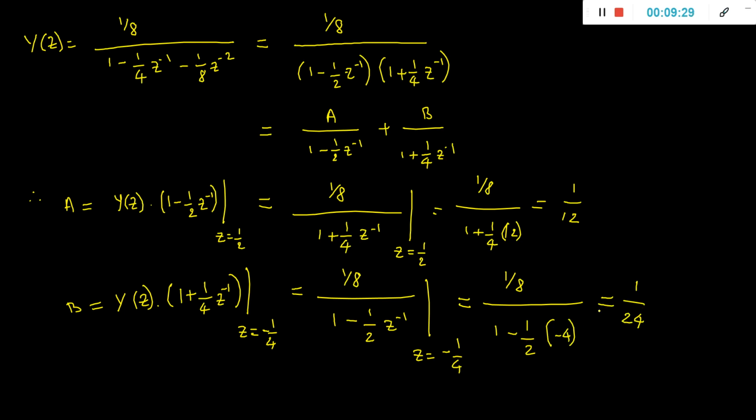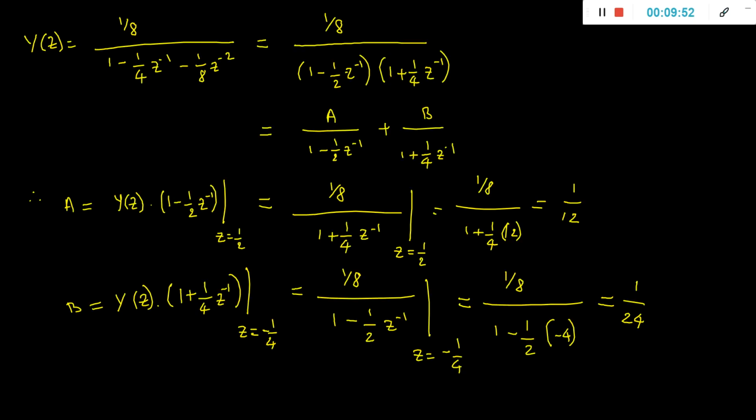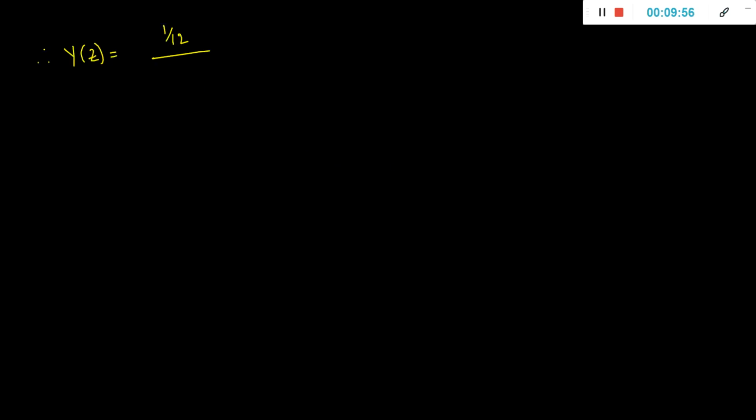Okay, so I can rewrite y of z in terms of a and b. How? Let's say this. Therefore, y of z is equal to, first of all, the value of a that is calculated over here, which is 1 divided by 12, divided by its denominator, which is 1 minus half z inverse.